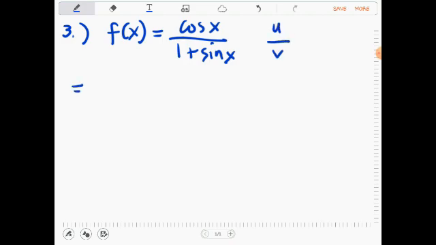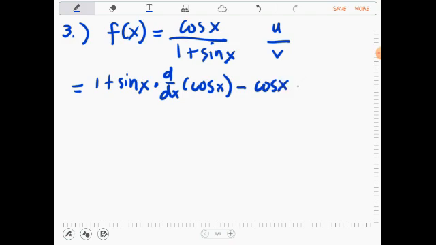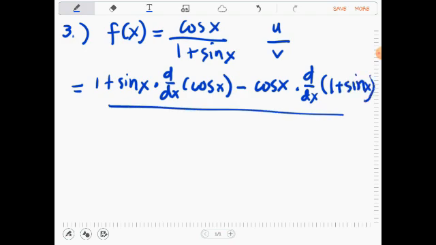This should be equals to v, 1 plus sine of x, times the derivative of u, so times d over dx of cosine of x. Okay, minus u, cosine of x, times the derivative of the v, okay, quantity 1 plus sine of x. Okay, all over quantity 1 plus sine of x, squared.